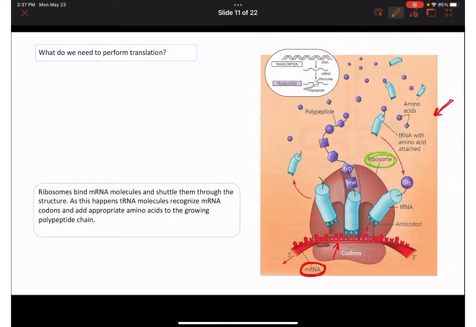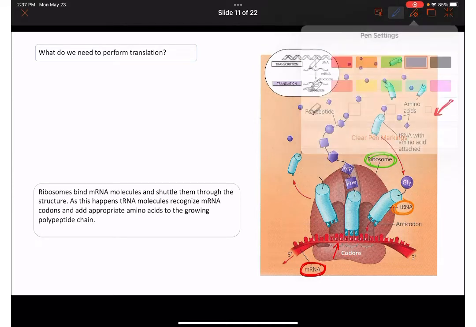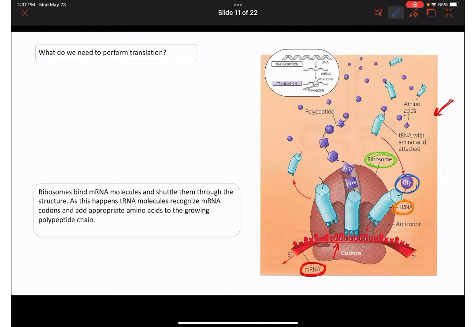Another thing we need are these tRNA molecules. And attached to these tRNA molecules are going to be amino acids. So we need free amino acids to attach to these tRNA molecules as well.